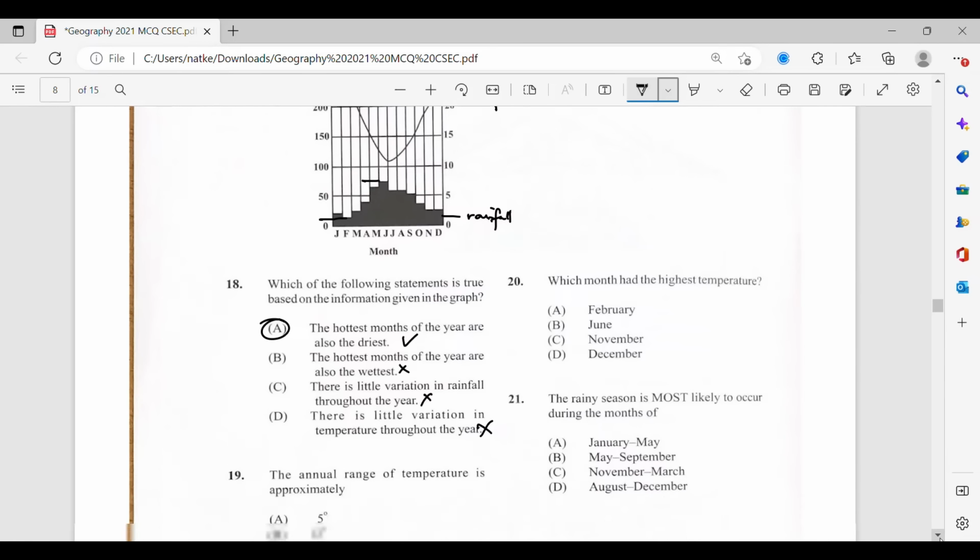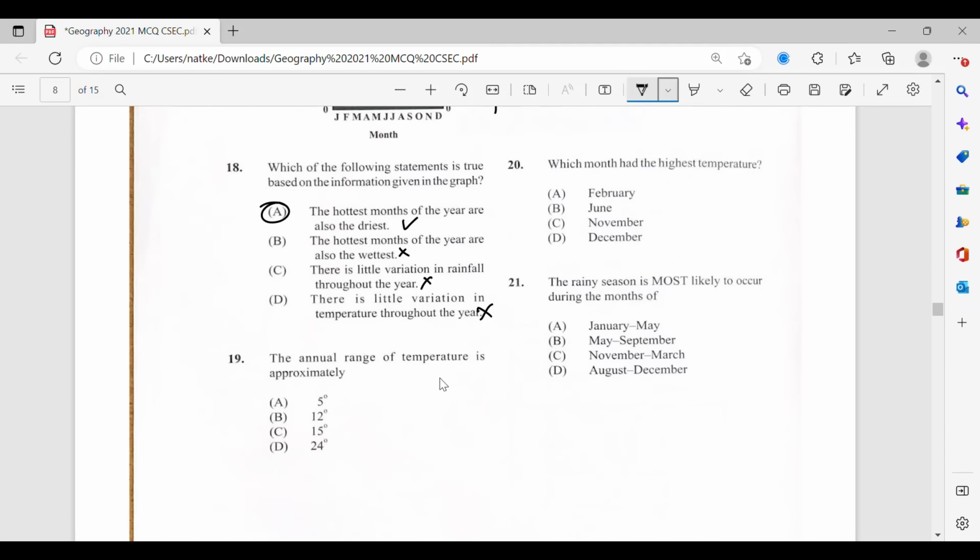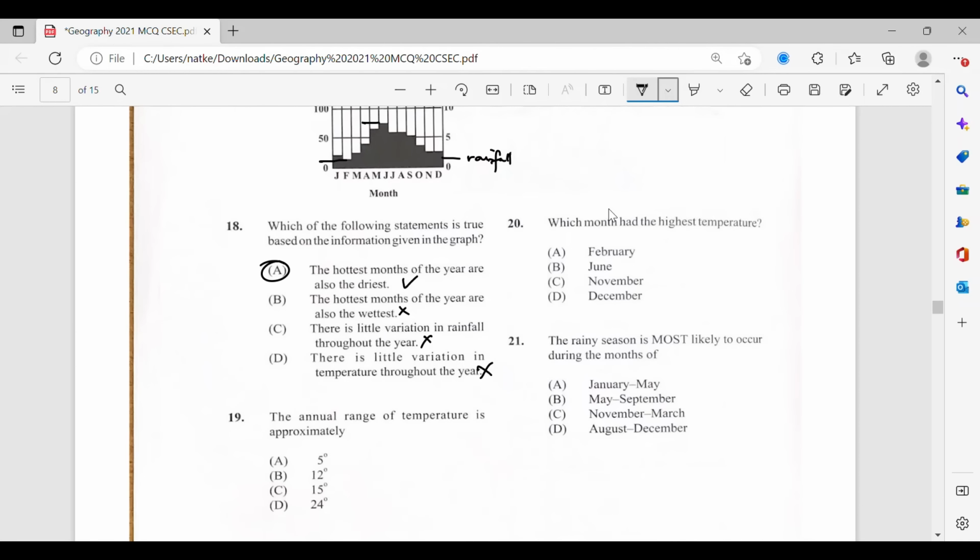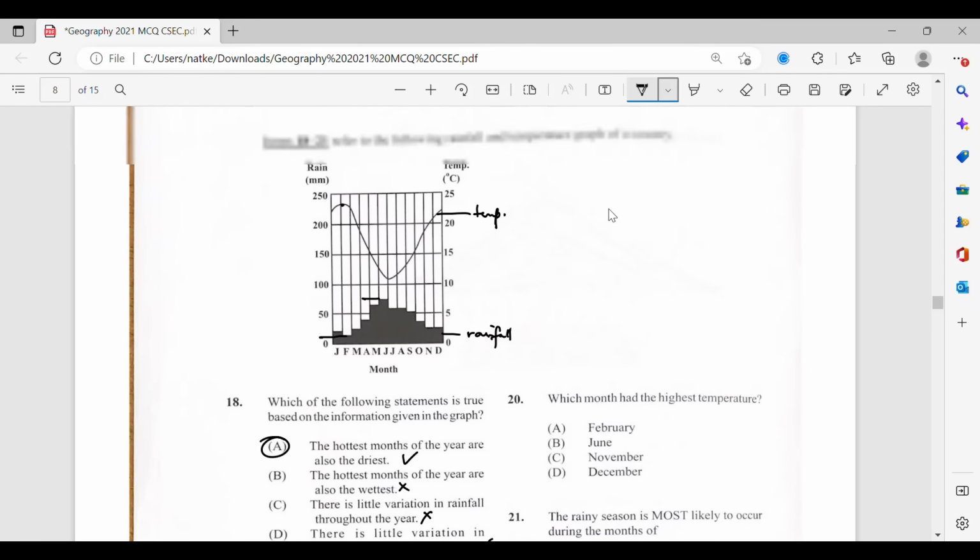Number 19. The annual range of temperature is approximately. So when you're doing range of anything, you would need to find the highest and the lowest, and then you subtract. So it's temperature. So we can look for the highest temperature point here.